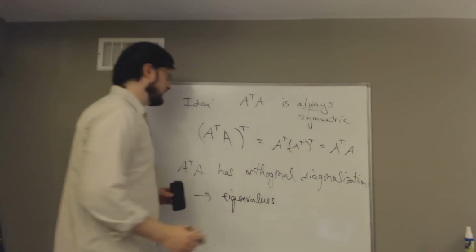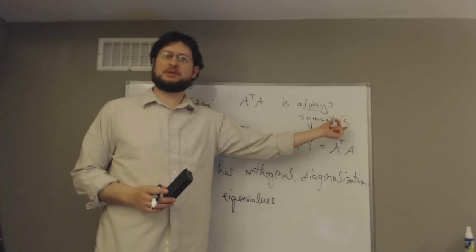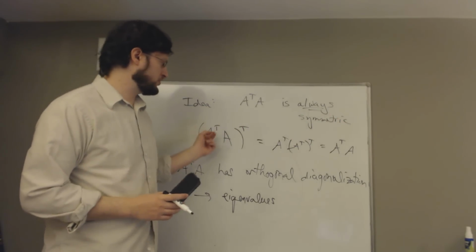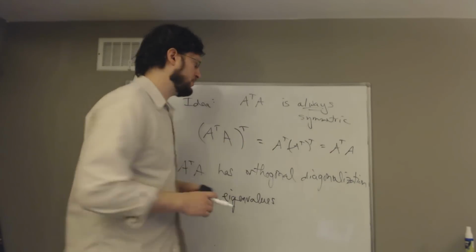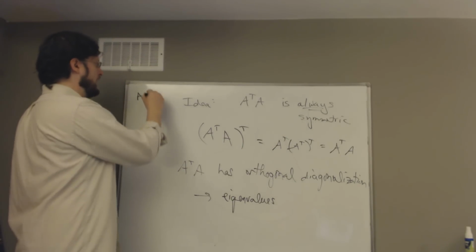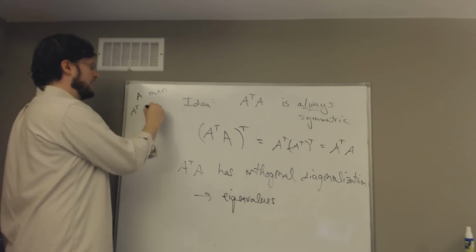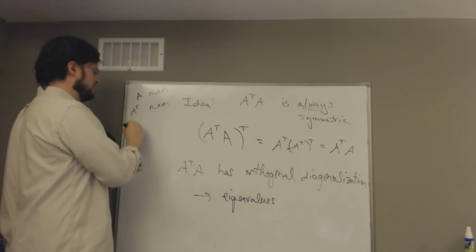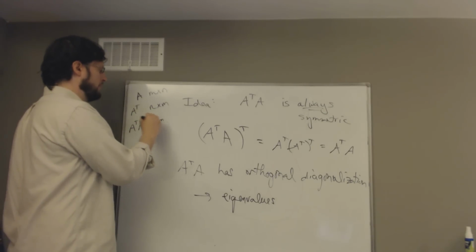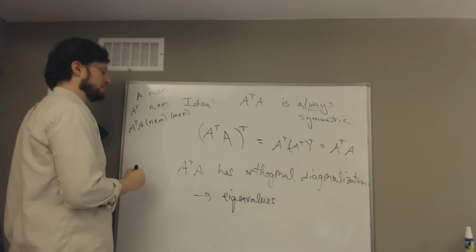Let's call them, so this is now square as well. If it's symmetric, it's got to be a square matrix, and this is actually always true. A transpose A has got to be a square matrix. Suppose that A is m by n. That means that A transpose is n by m, which means that A transpose A is n by m times m by n as far as matrices go.